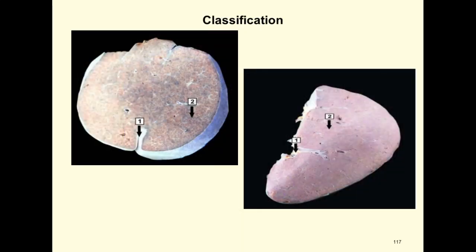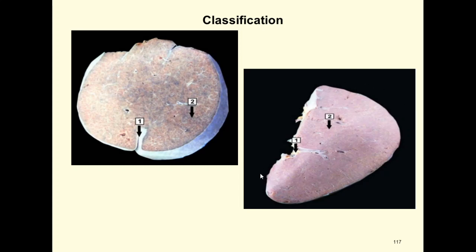In the gross appearance of sago spleen, we have yellowish, whitish, lightish small focuses, like dots. When we talked about nutmeg liver, we spoke about reddish dots. Here it could be more yellowish, whitish dots.